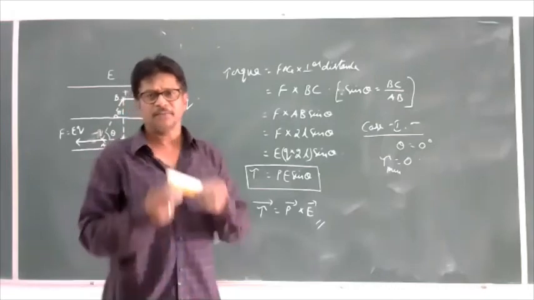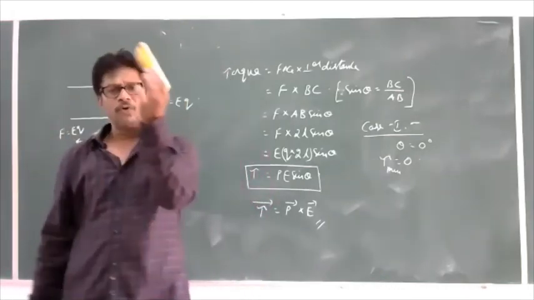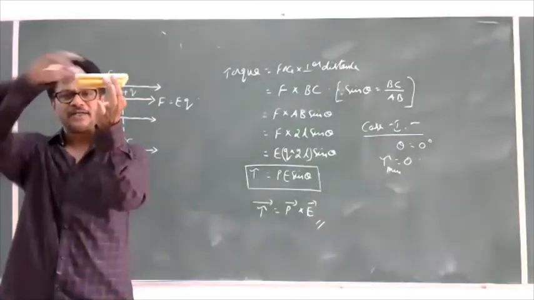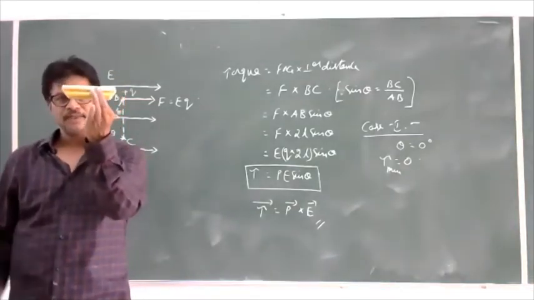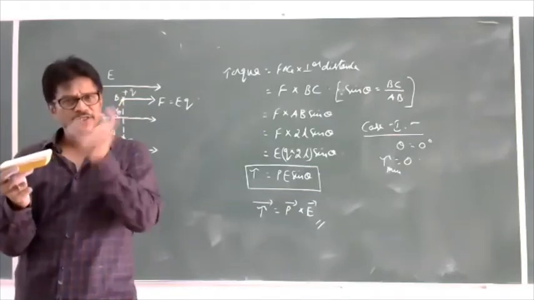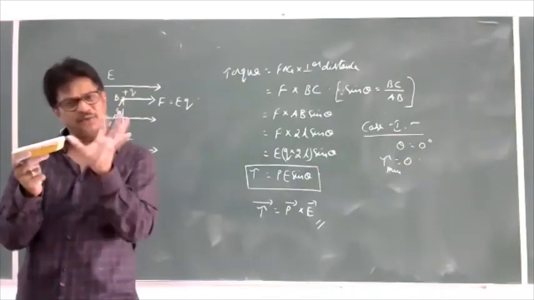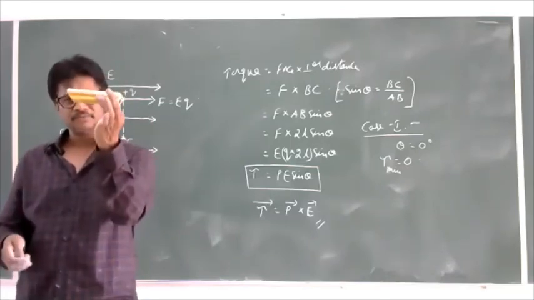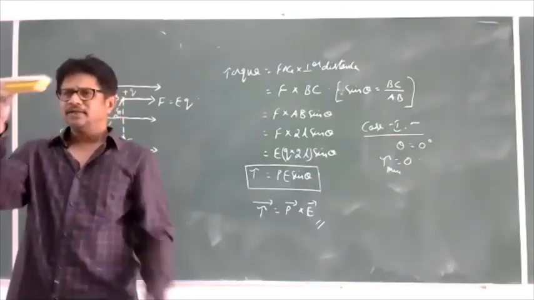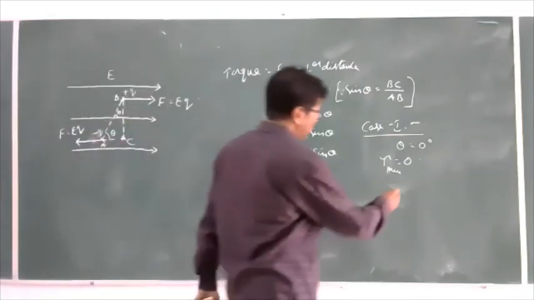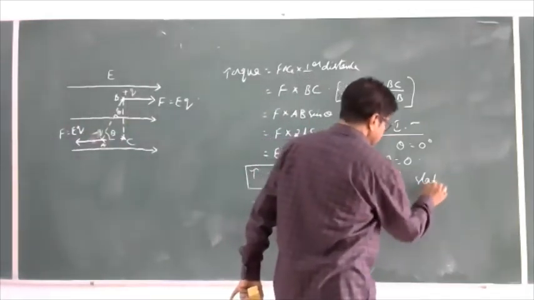If the dipole is placed parallel to the electric field, it will not experience any torque. Not experiencing torque means it will not vibrate. It will be like this only. So we can call it stable equilibrium.